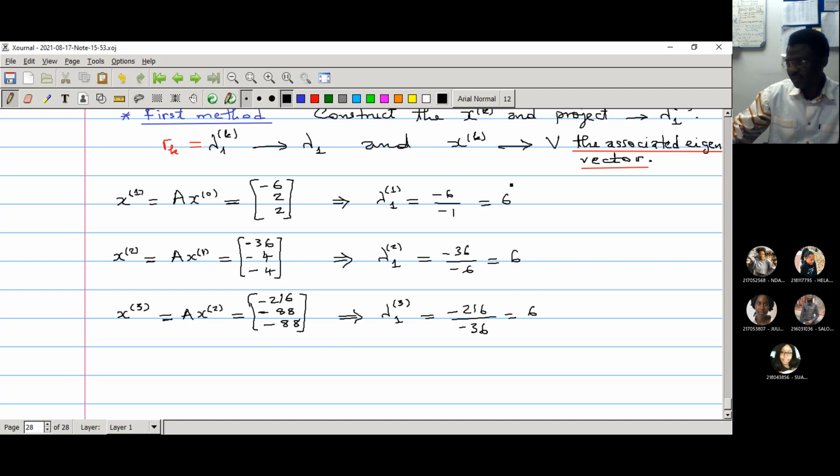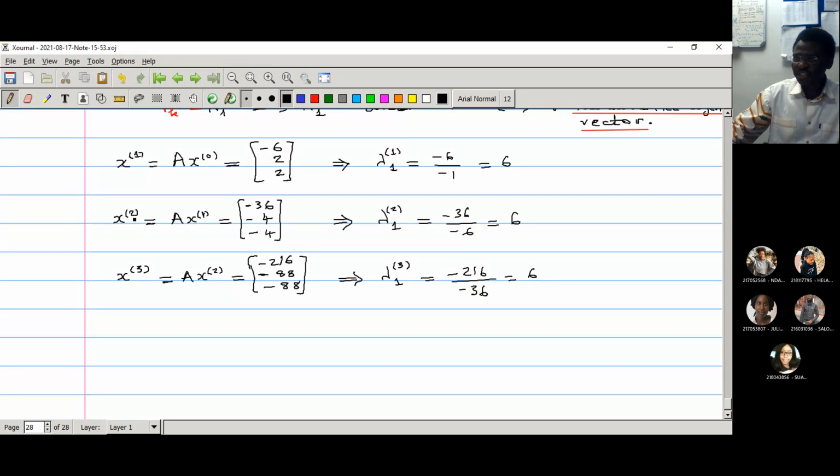We see a repetition. If you continue, you actually repeat, but since this is converging, if you proceed, it will give you a better approximation. All right.